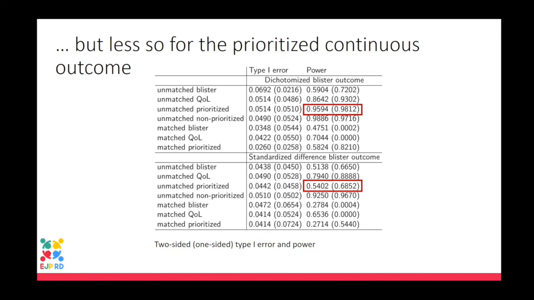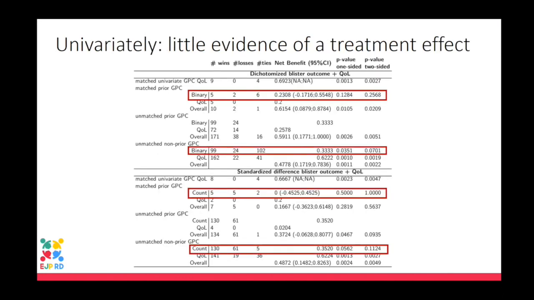And that's why the increase in power when using the standardized difference is much lower than when you use the dichotomized blister outcome. Now, what if we apply this to the EB trial itself and reanalyze the data? As we've shown in the simulations, the power for a univariate analysis of GPC is quite low.